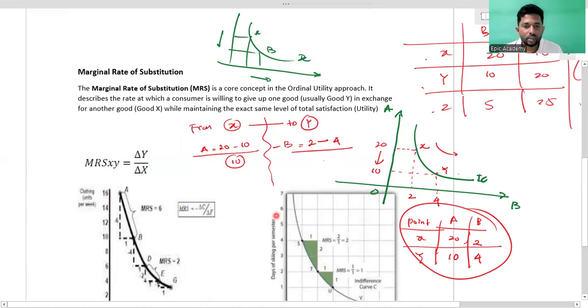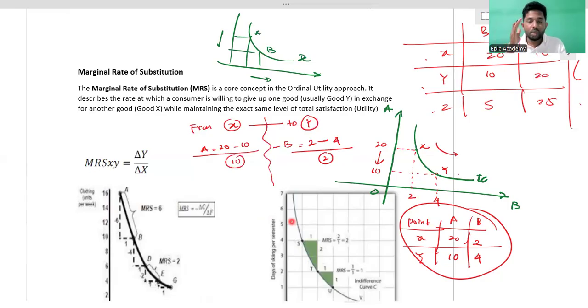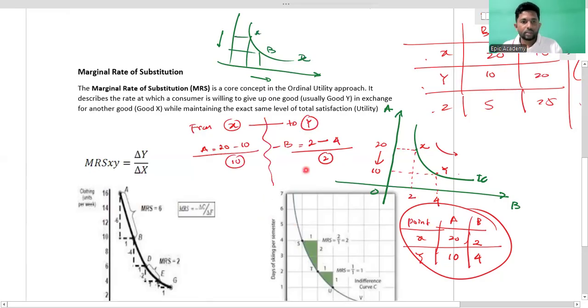That means to increase the consumption of B commodity by just 2, he sacrificed 10 units of A commodity. That means 10 commodities for 2 commodities, 10 to 2, isn't it?